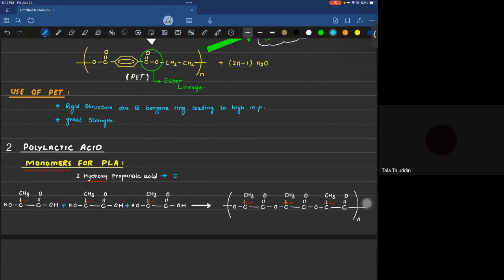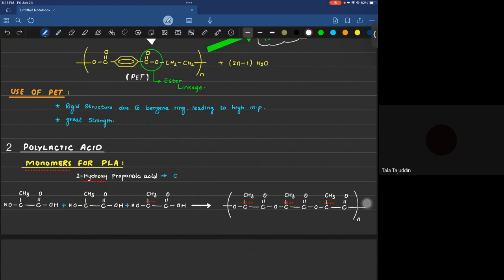Okay, polylactic acid. So what are the monomers of this polymer? Ultimately the monomer is 2-hydroxypropanoic acid. So this is your monomer. If you look at the 2-hydroxypropanoic acid, you can notice this is a single monomer in which two functional groups are present.